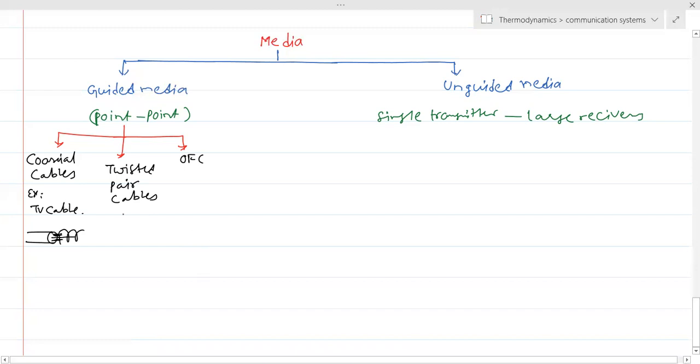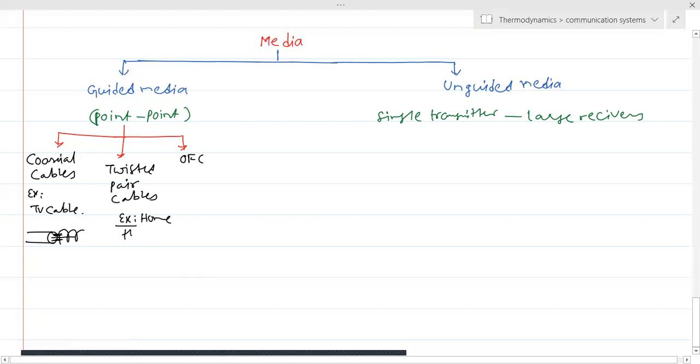Next, twisted pair cables we generally come across especially in home theaters. The wires connected between the speakers are twisted pair cables. OFC means optical fiber communication, which we all know.